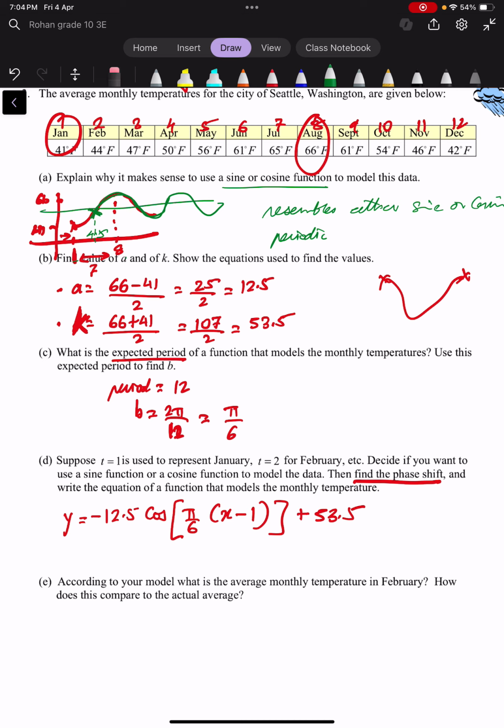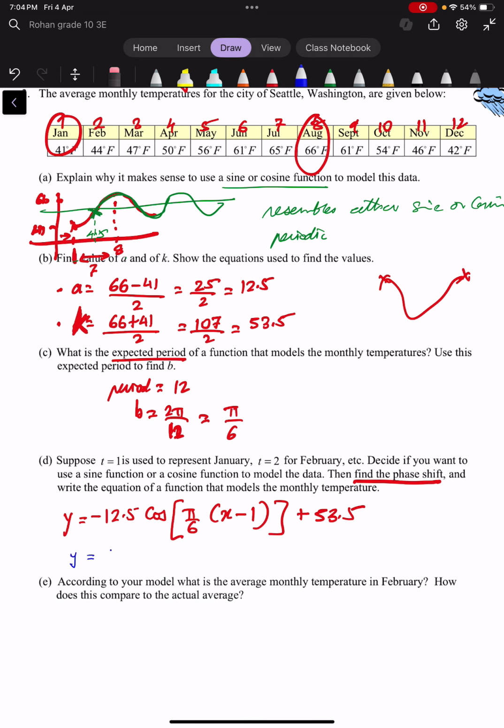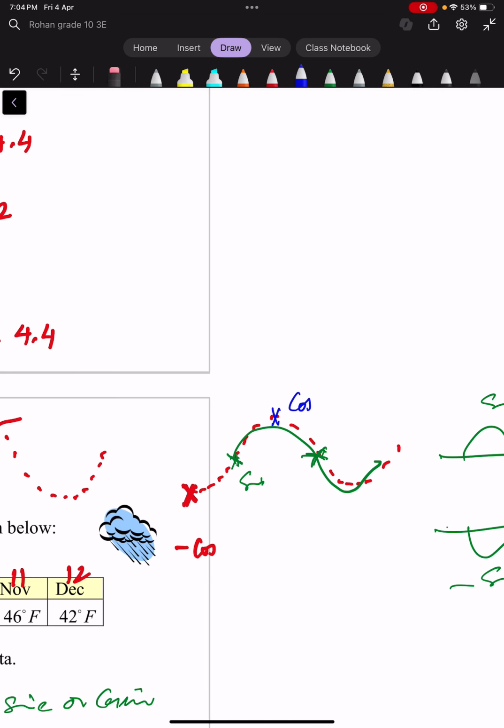So the sine function is y is equal to 12.5 sine pi by 6 (x minus 4.5) plus 53.5. So either you can use the sine function or the cosine function. Only your starting point would be different. It depends on what your initial point is.